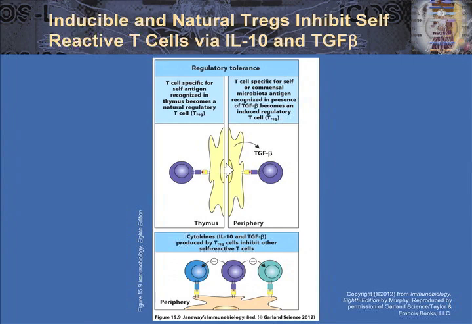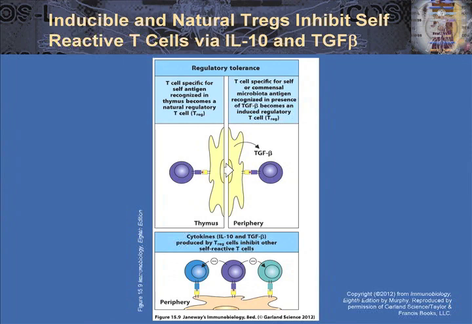In the presence of TGF-beta, cells can be induced in the periphery, mainly in the gut and in lymph nodes, to become Treg cells, which will then prevent the development of responses to both self-antigens as well as innocuous antigens, such as the microbiota that normally colonize our gut, our lungs, our skin, as well as dietary antigens.